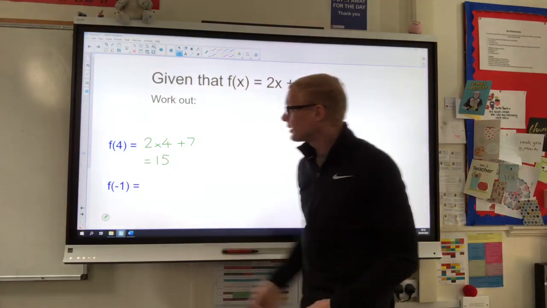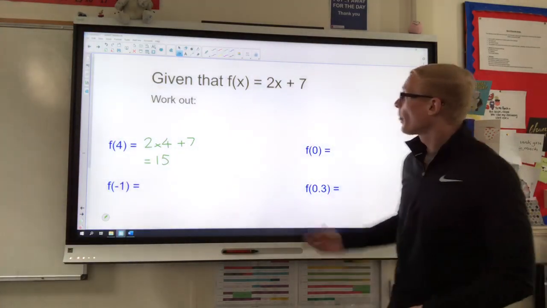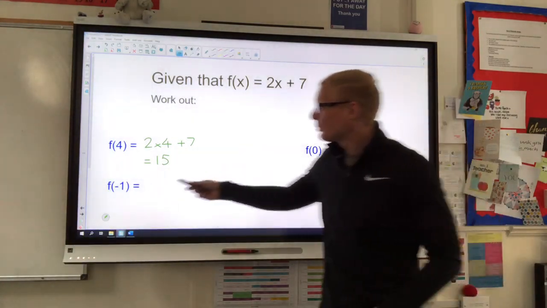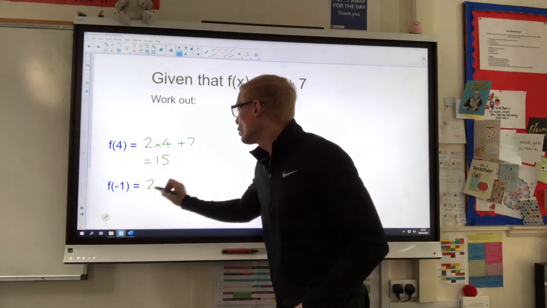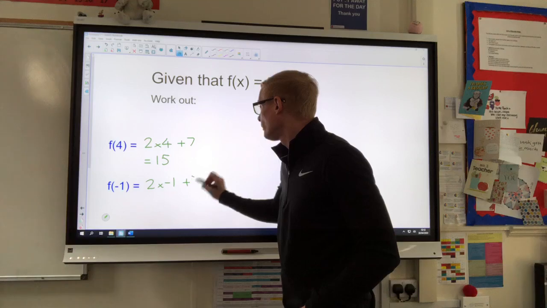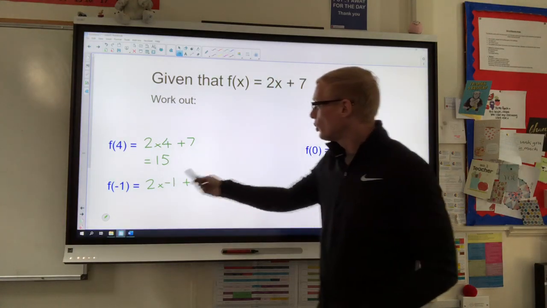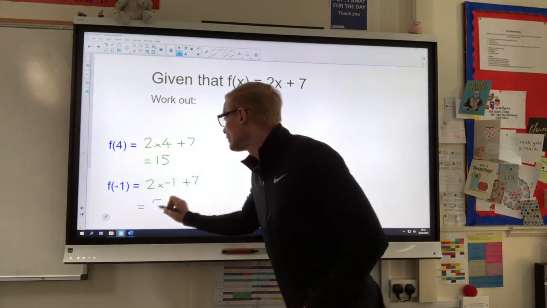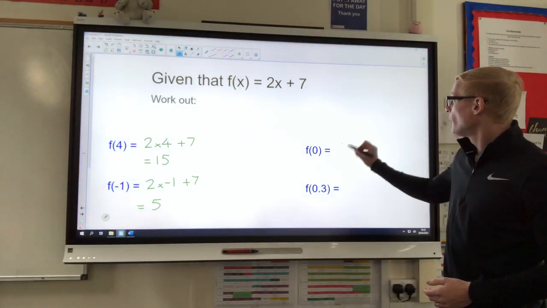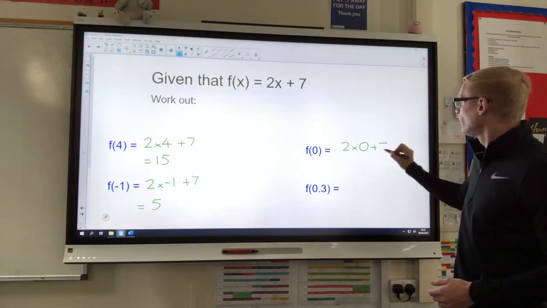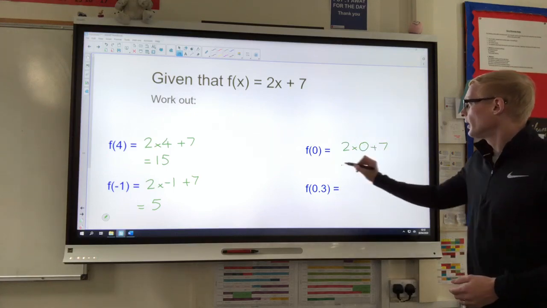Same sort of thing with the next example. So f of negative 1. So we replace x here, we substitute in negative 1 where x is. So 2 times negative 1 plus 7. 2 times negative 1 is negative 2, plus the 7 is 5. Same thing here. So f of 0, 2 times 0 plus 7. That's 0 plus 7 equals 7.